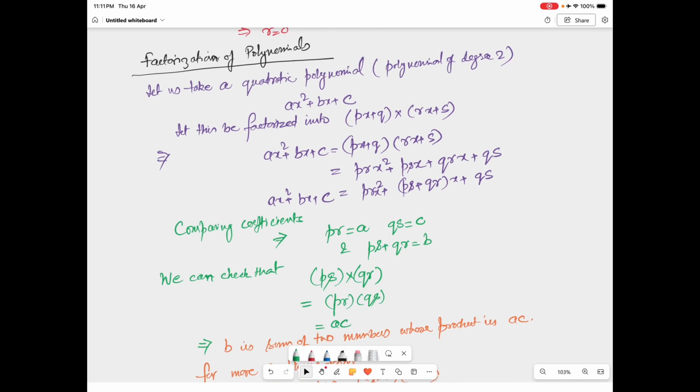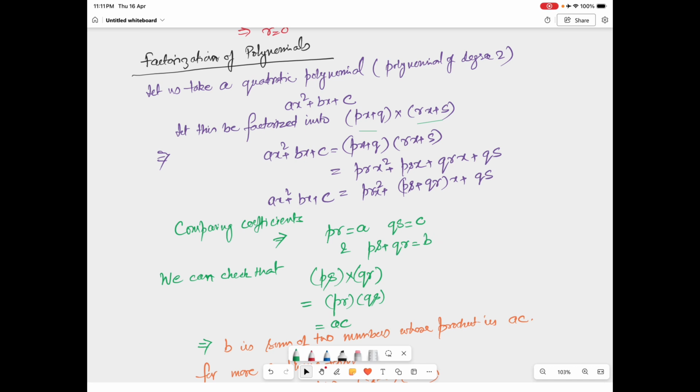You can see if there is any quadratic polynomial, a polynomial with degree 2, ax square plus bx plus c, which is the standard form. Let us say that it can be factorized into two factors, px plus q and rx plus s. So each one is a linear polynomial. When we multiply two linear polynomials, I will get a polynomial of degree 2.